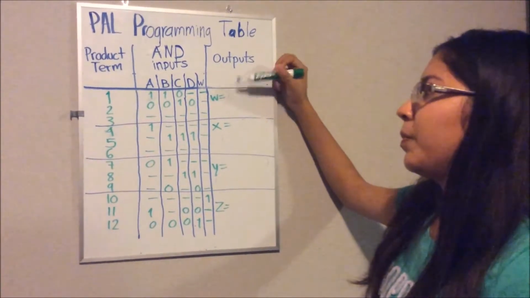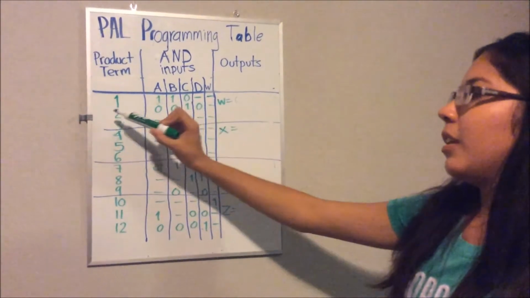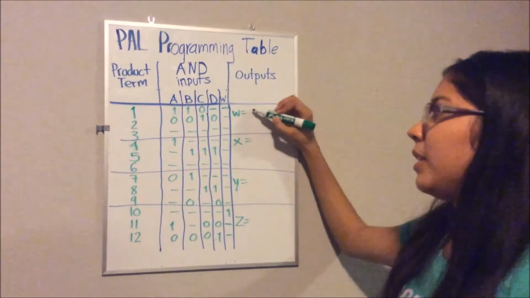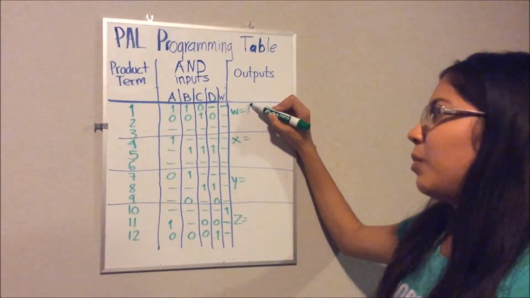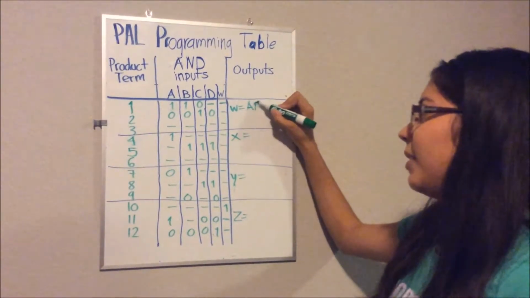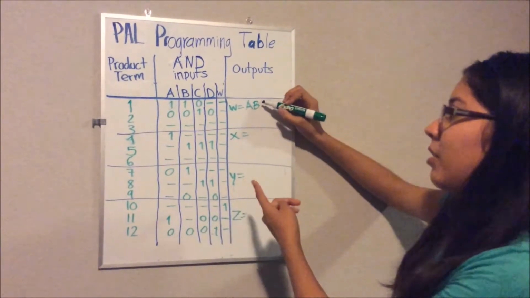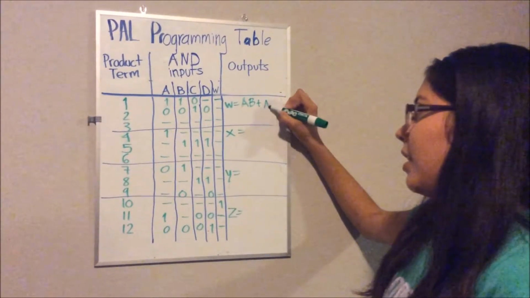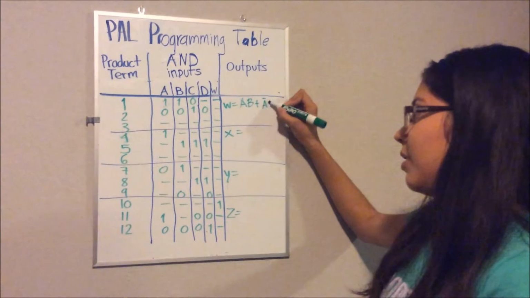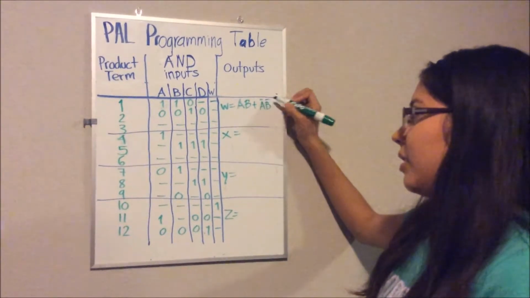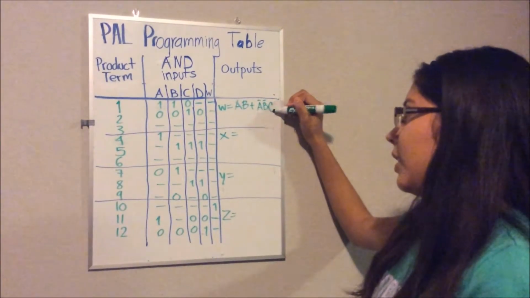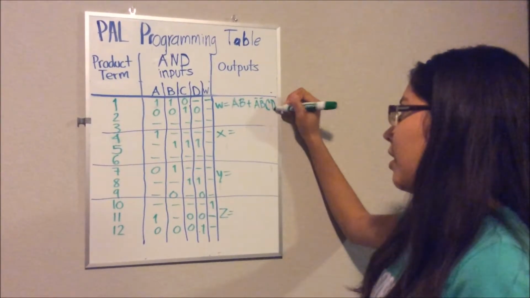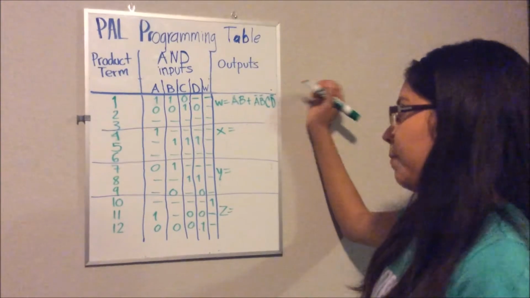In the first group, we can see that the first input is gonna use the inputs A, B, and the second input is gonna have A negated, B negated, C in its original state, and D negated.